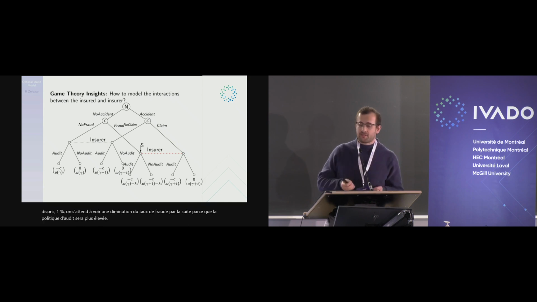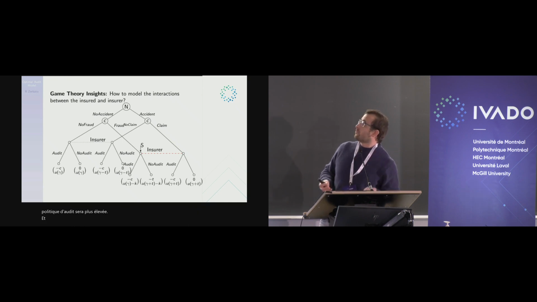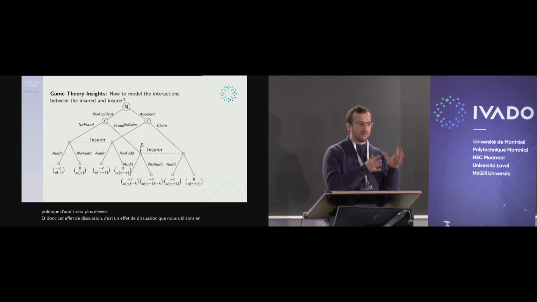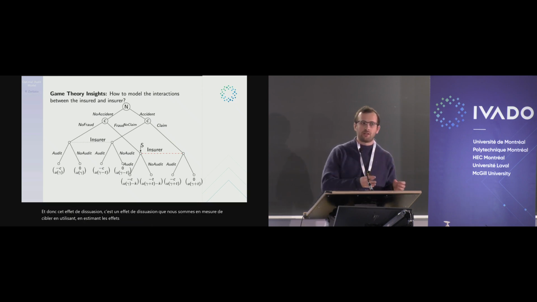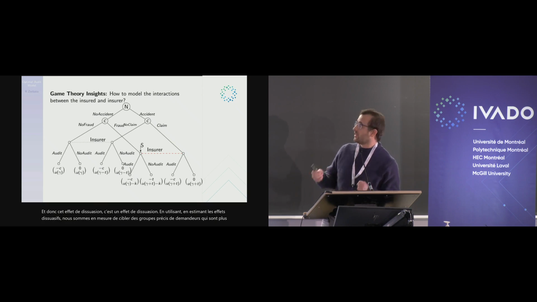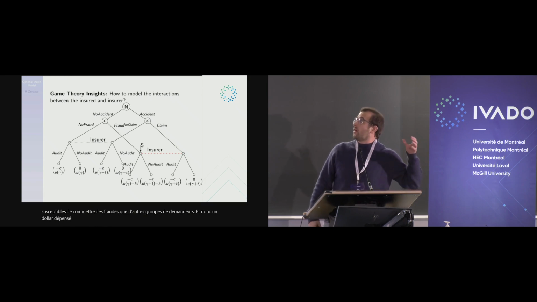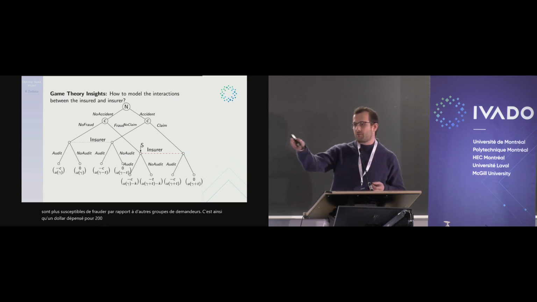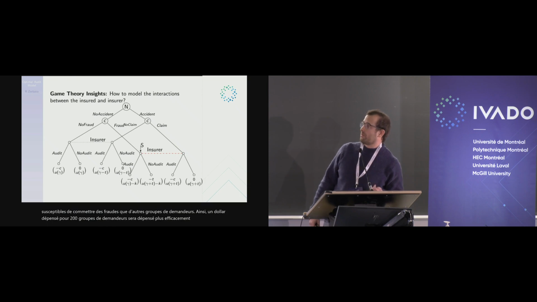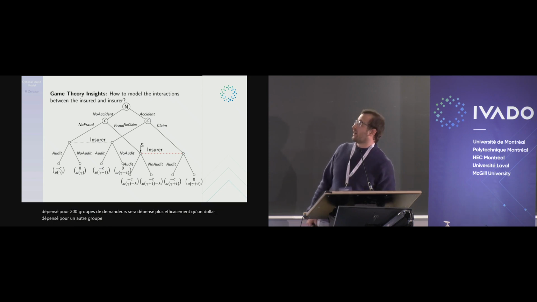This is a deterrence effect. By estimating these deterrence effects, we're able to target specific groups of claimants that are more likely to fraud versus other groups. And so $1 spent to audit those groups of claimants will be more efficiently spent than $1 spent against another group of claimants because the deterrence effect will be higher.